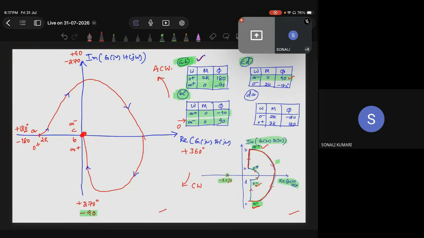So how do you go to minus 180? You start at plus 90, first go to 0, then go to minus 90 and then go to minus 180. That's why 2K minus 180. Is this clear? This is how we go.